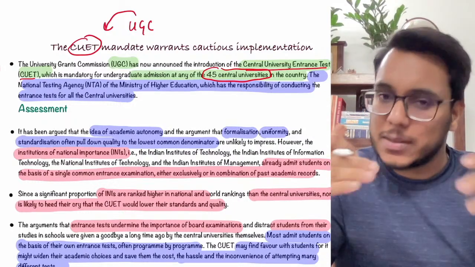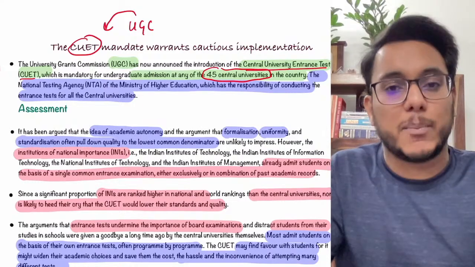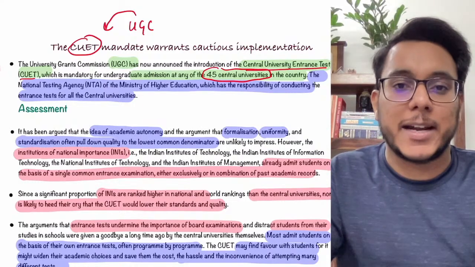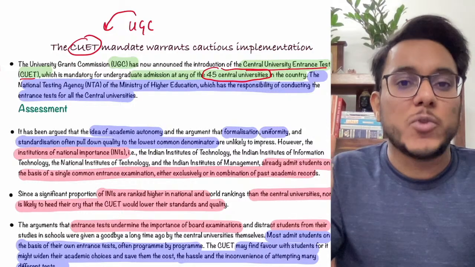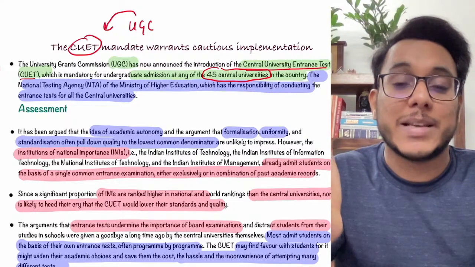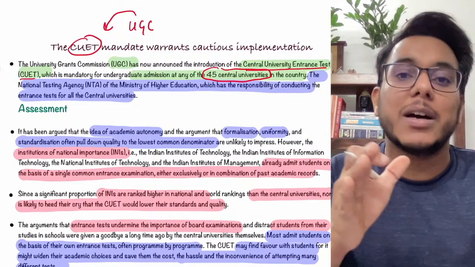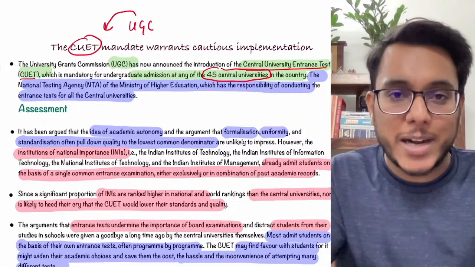Now guys, there are many central universities which are conducting their own procedure for admitting students into the undergraduate course. For example, if you go to Delhi University, you can take admission on the basis of marks that you have got in the 12th standard. Then there are certain other universities which have their own entrance test.